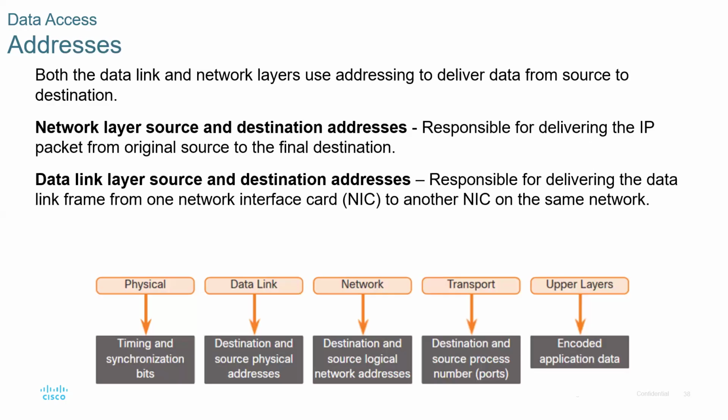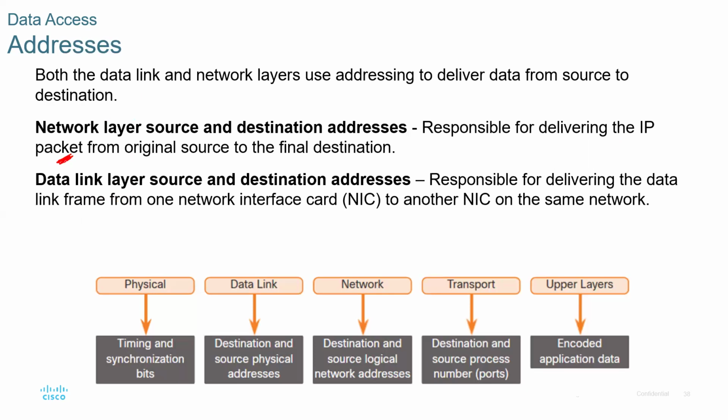Without an address, how do you know the recipient of that information? So addresses are very important. Briefly, there are two types of addresses. We have the network layer address, that's the layer 3 address. We have the data link layer address, the layer 2 address. Layer 3 addresses, the IP address, are responsible for delivering the IP packet.